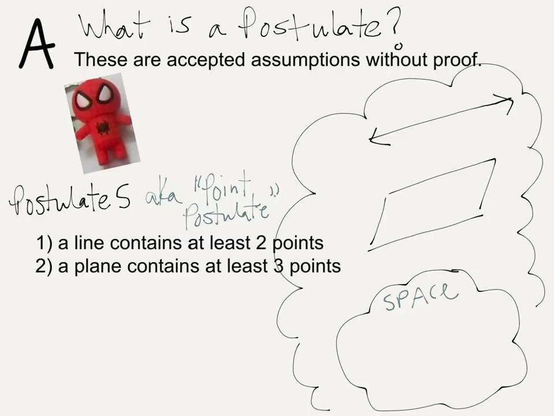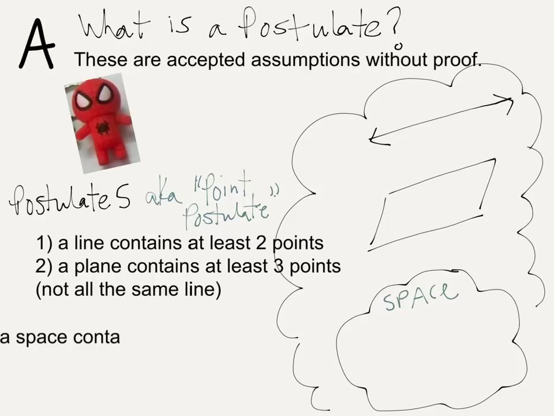But there's a special added part to this. So those 3 points, they can't all be on the same line. Now that adds a little bit, it's a little more confusing with that part in there, but I'll draw a picture of that for you in a second and it'll make more sense. The last part of the postulate 5, or the point postulate, is that a space, and that just means kind of like a location.